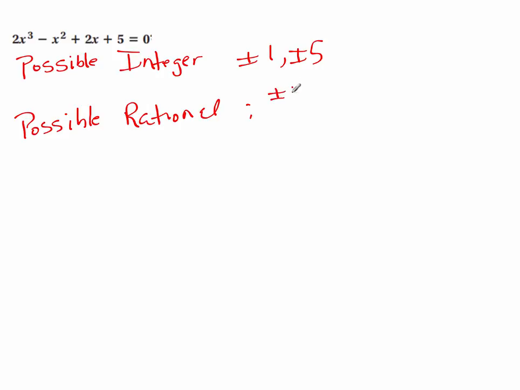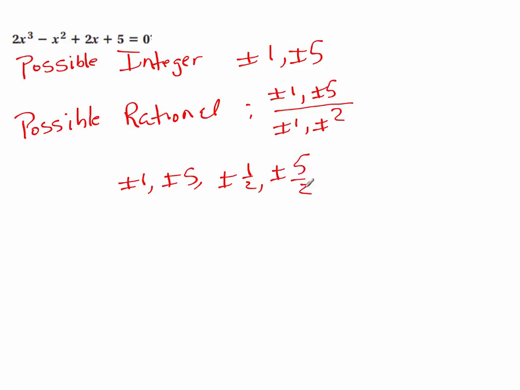So plus or minus 1, plus or minus 5, divided by plus or minus 1, plus or minus 2. Okay? So to write these out, this is plus or minus 1, plus or minus 5, plus or minus 1/2, plus or minus 5/2. So these are the only rational roots we can have.